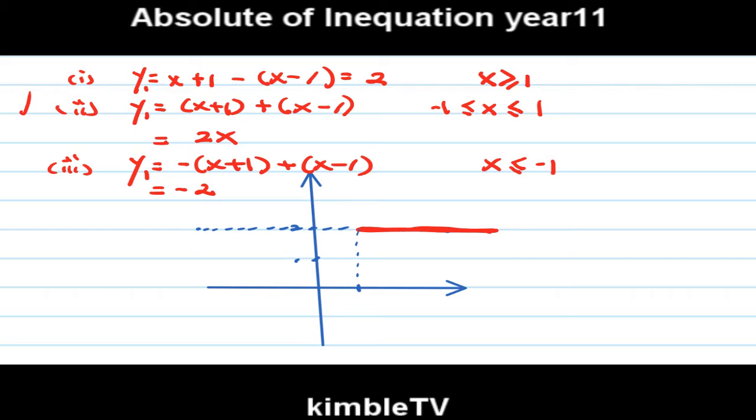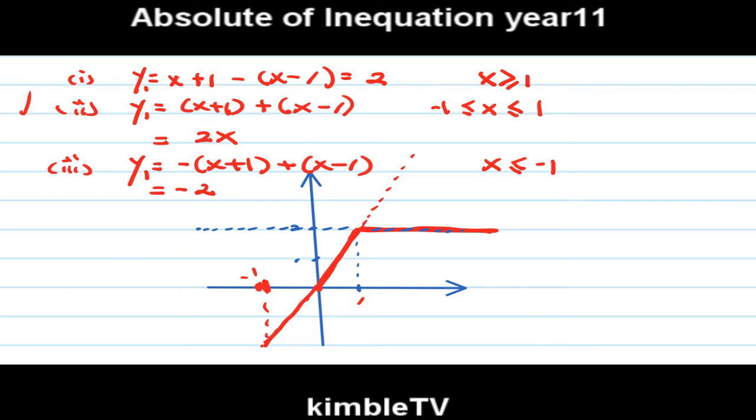And the other one, gradient 2, y equals 2x, and it passes through the center, and therefore x is 1, y is 2, passes through this point. But this is minus 1. X is between -1 and +1.